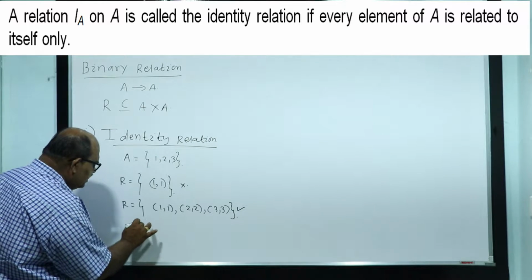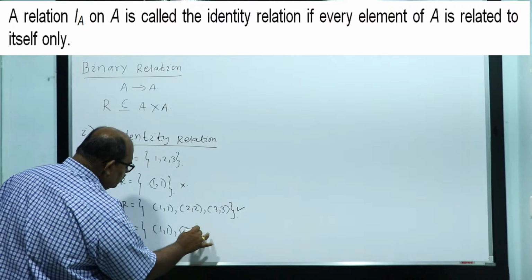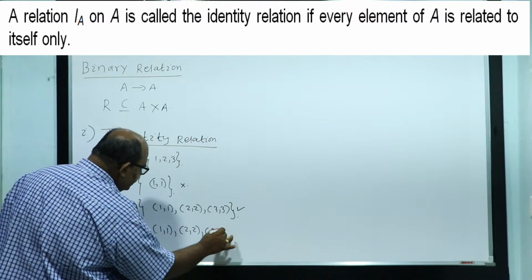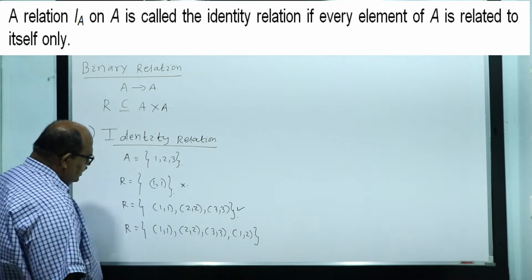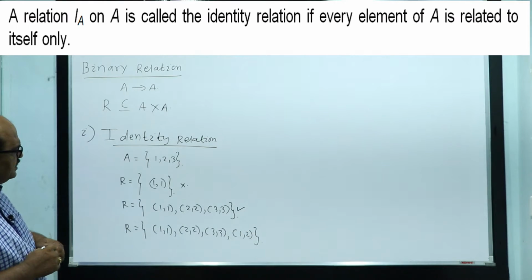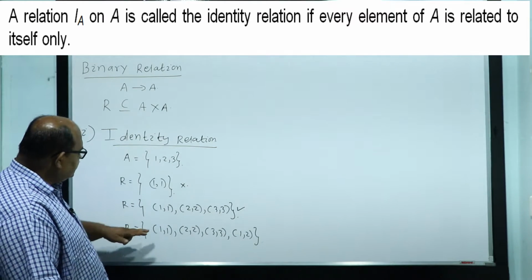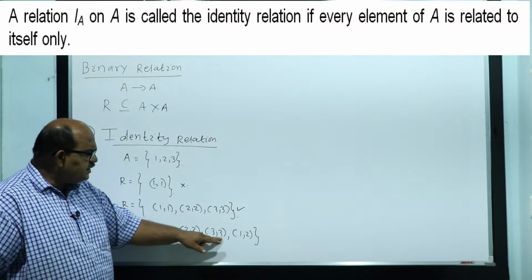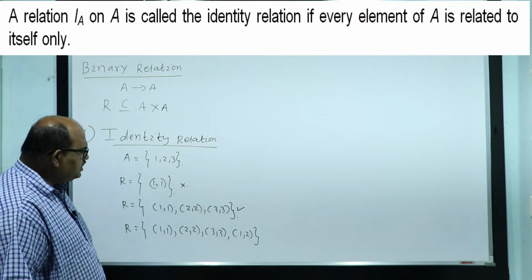Write another relation: (1, 1), (2, 2), (3, 3), (1, 2). Is this an identity relation? Look at the definition. What is there in the definition? Every element of set A should be related to itself. So (1, 1), (2, 2), (3, 3) satisfy that condition.